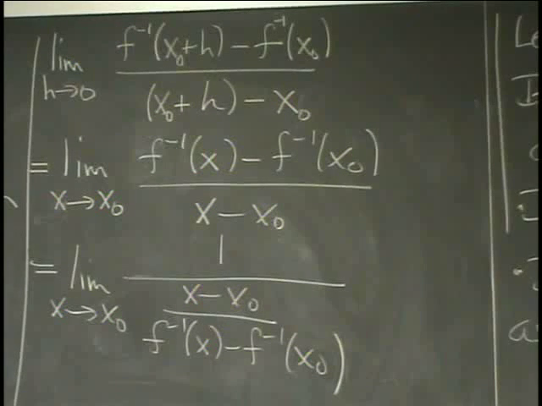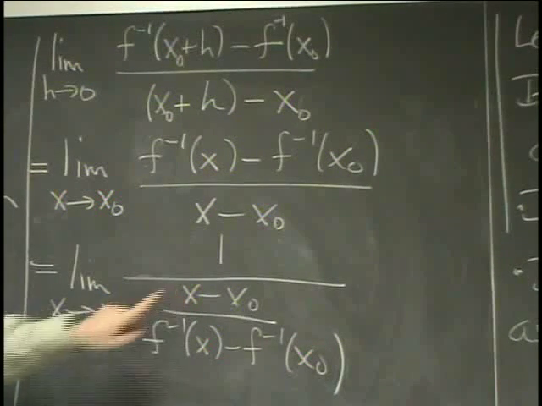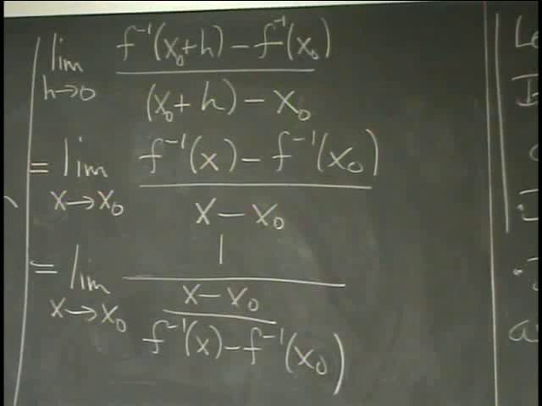Do you agree? This looks pretty idiotic to do. Very good. I appreciate your support. Now, this x, we know that this x is the same as f inverse of y, and the x0 is f inverse of y0. So I can use that in a very nice way.